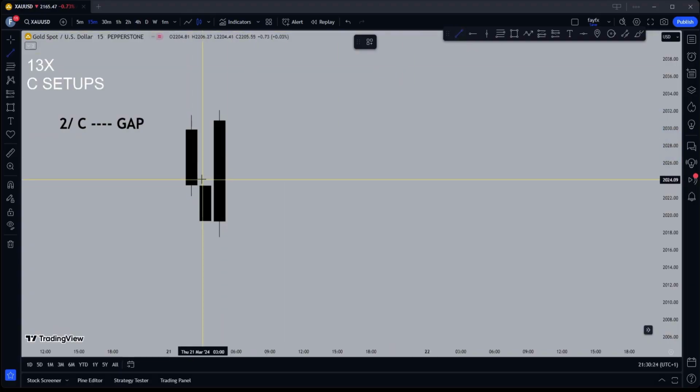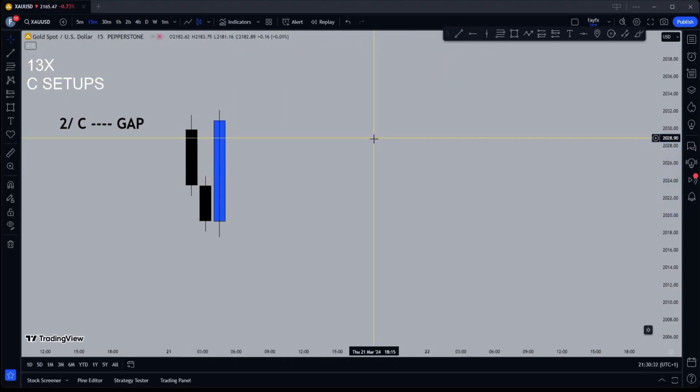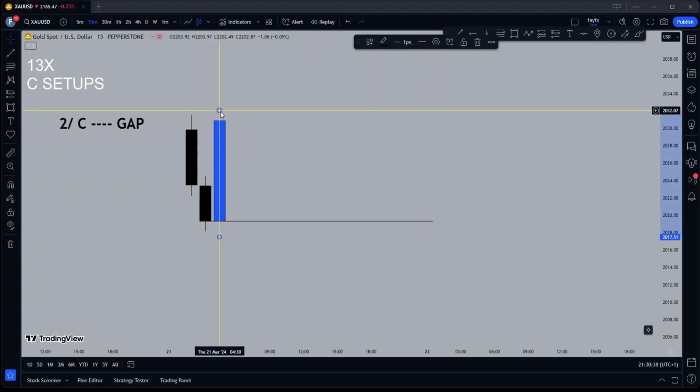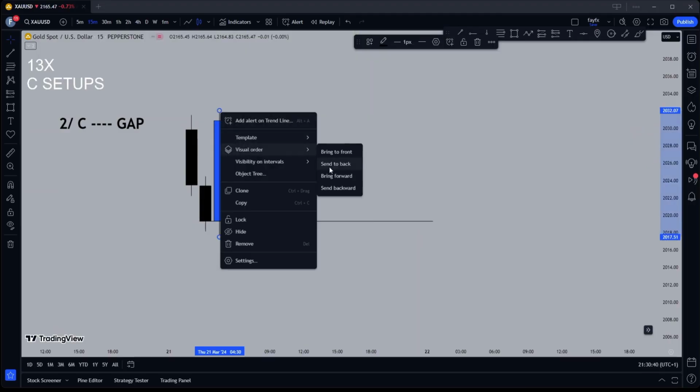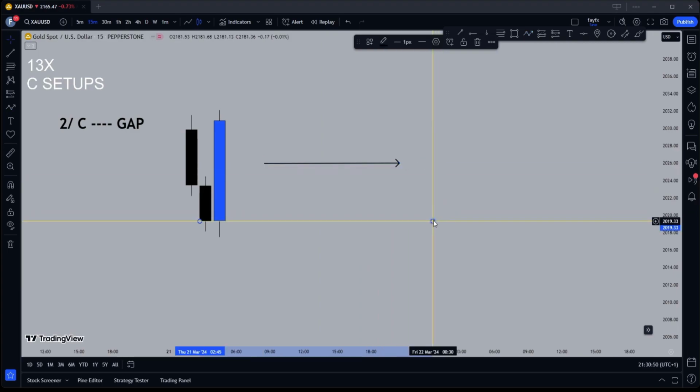Take your time and memorize the setups. Basic, and when we get one time frame lower, what are we going to find?